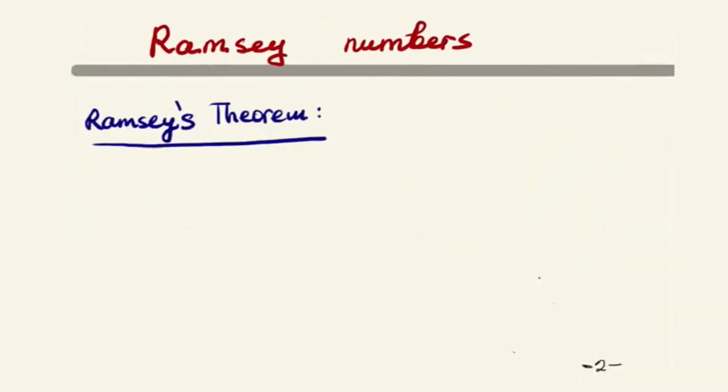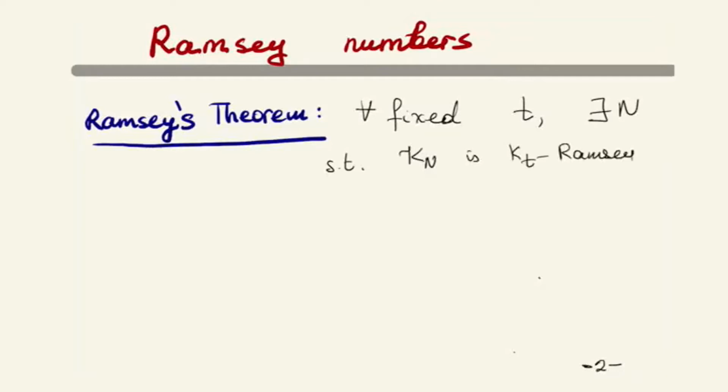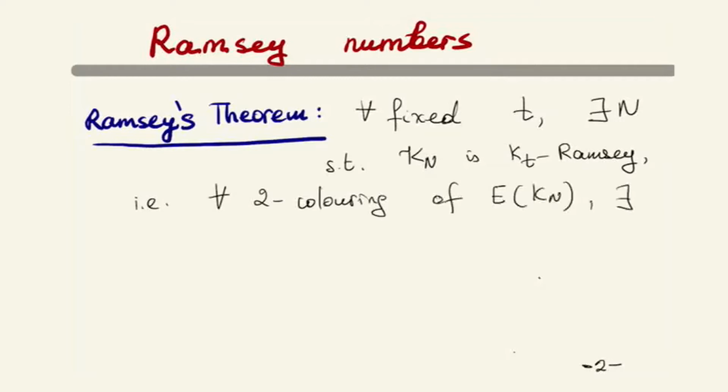Okay, so the classic theorem of Ramsey says that for every fixed t, there exists some large integer n such that Kn is Kt-Ramsey. What it means is that for every two-coloring of edges of Kn, I can find a monochromatic Kt.